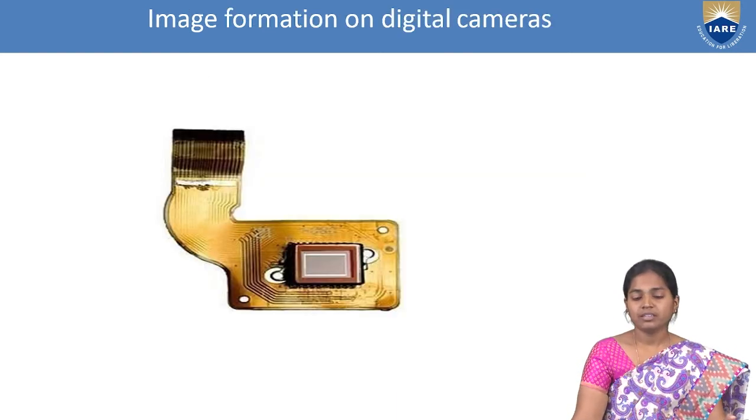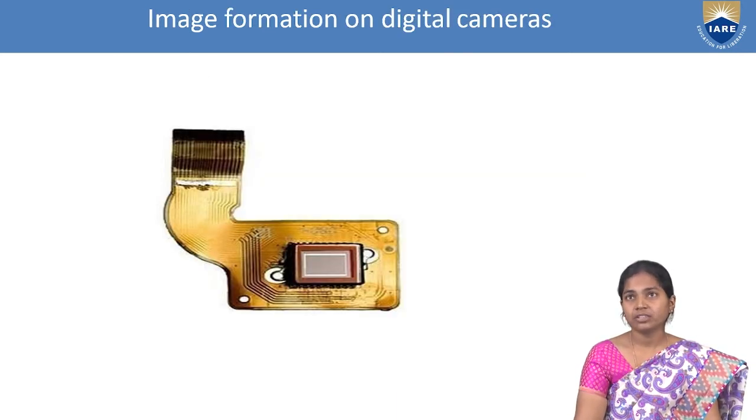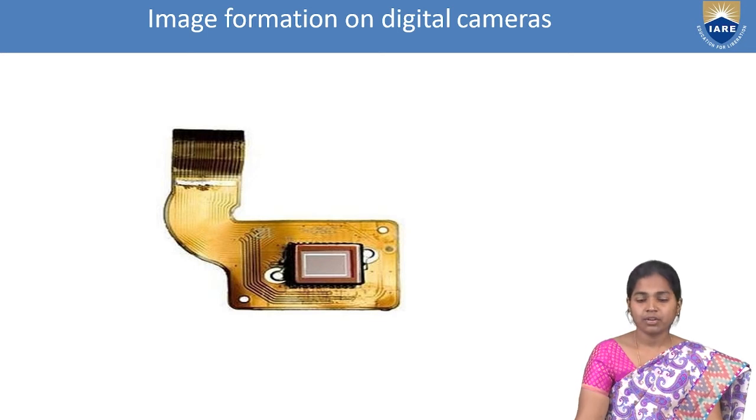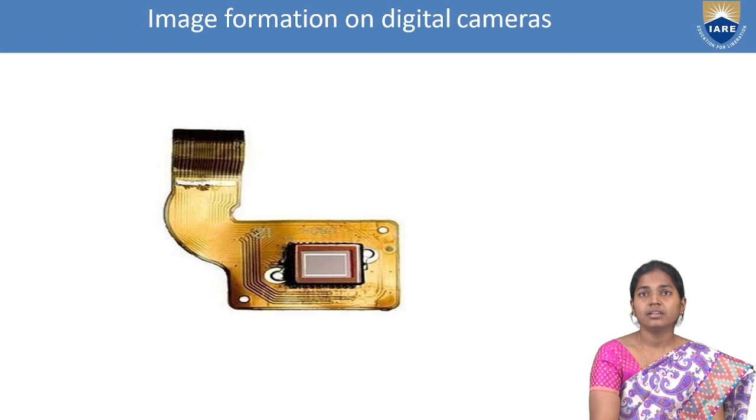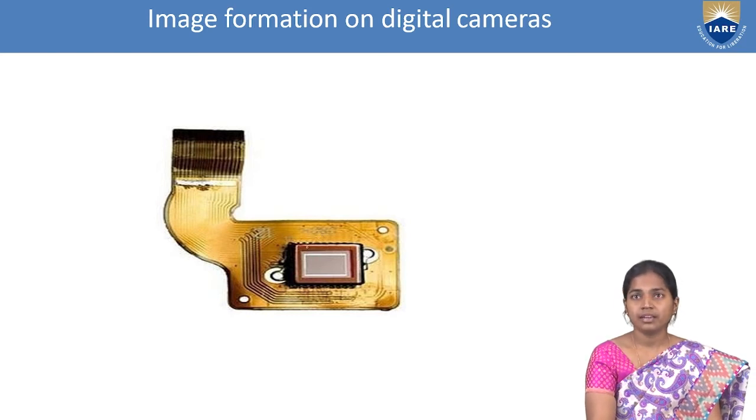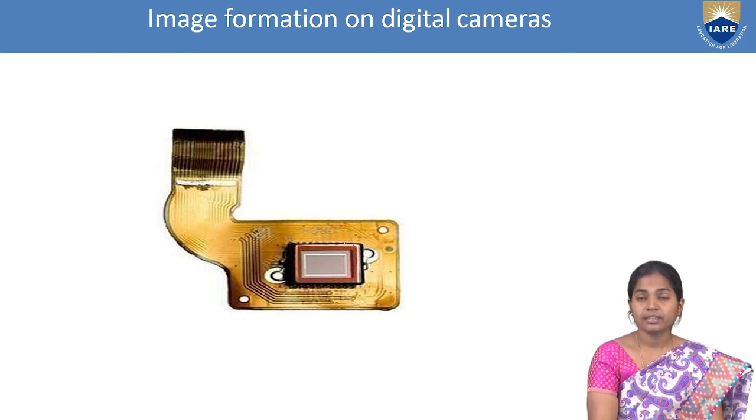So the next one is image formation on digital cameras. How will an image form on our digital cameras? This is the internal structure of our digital camera. This part is nothing but CCD, charge coupled device.